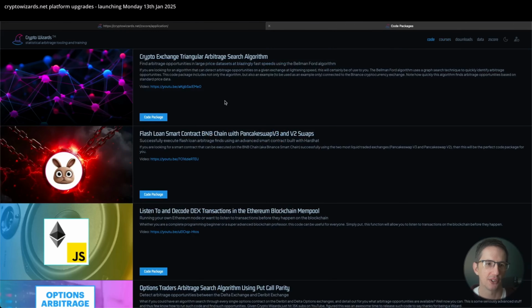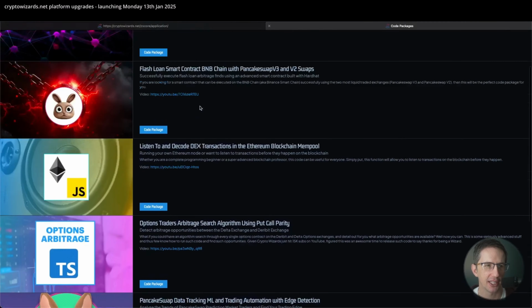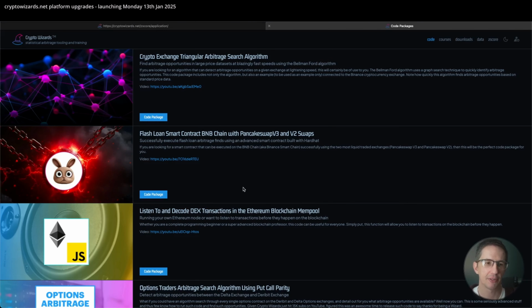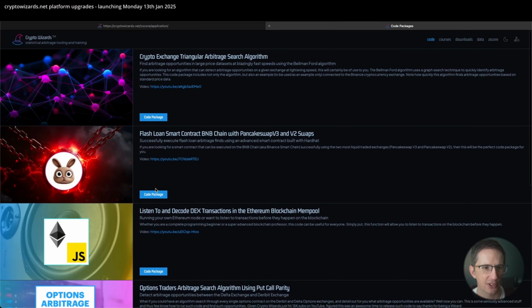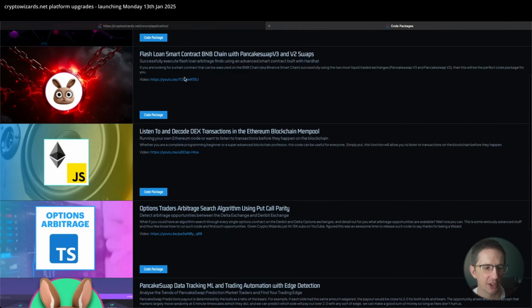And code as well. Instead of you having to figure out logging into Code Raiders and all that, we've spent some time to pipe the trading code here into Crypto Wizards. Crypto Wizards is really about trading-related stuff: statistical arbitrage, flash loans, smart contracts, all of that.